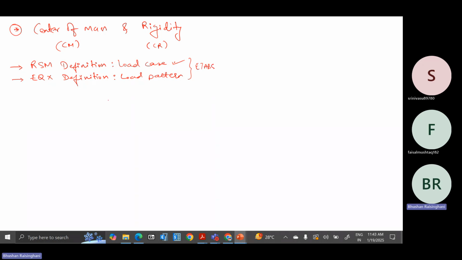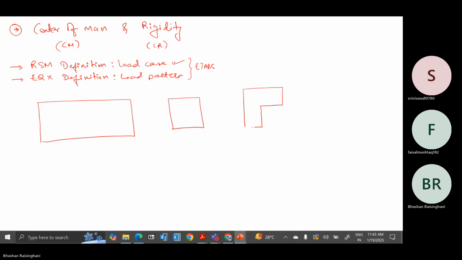Now, if my building is like this, and my building is like this, versus my building is something like this, and also it may be like this.